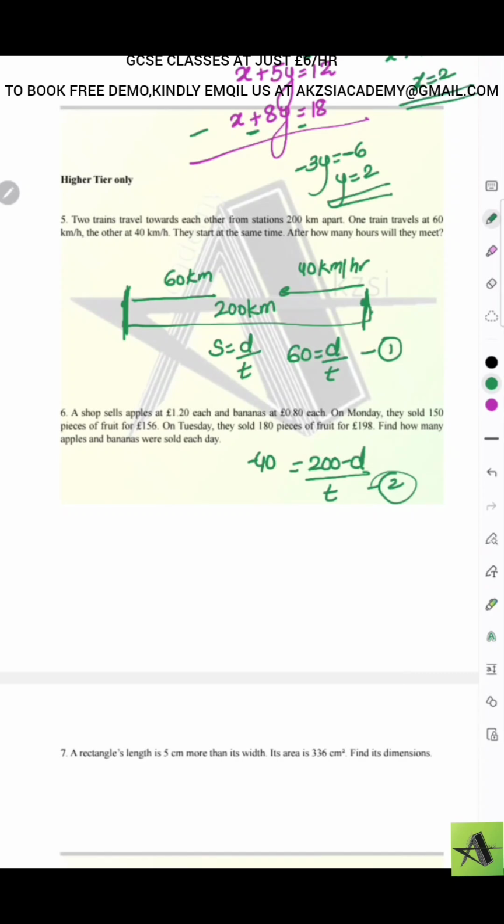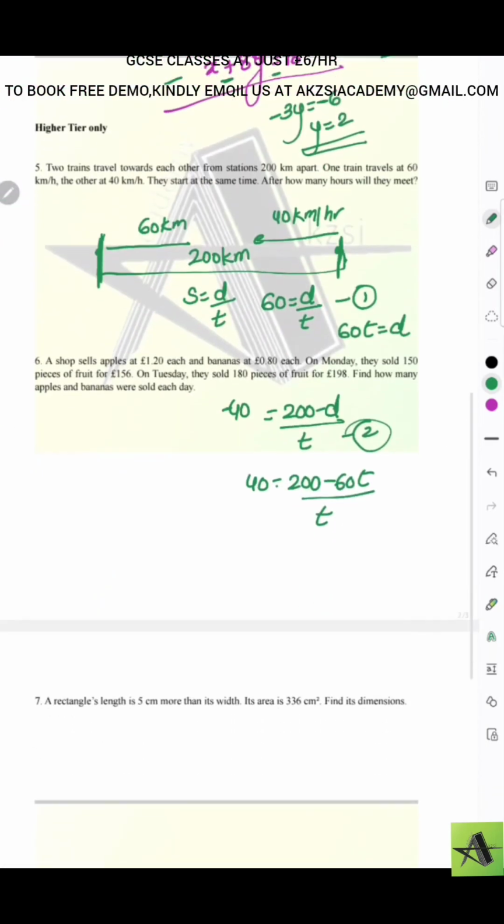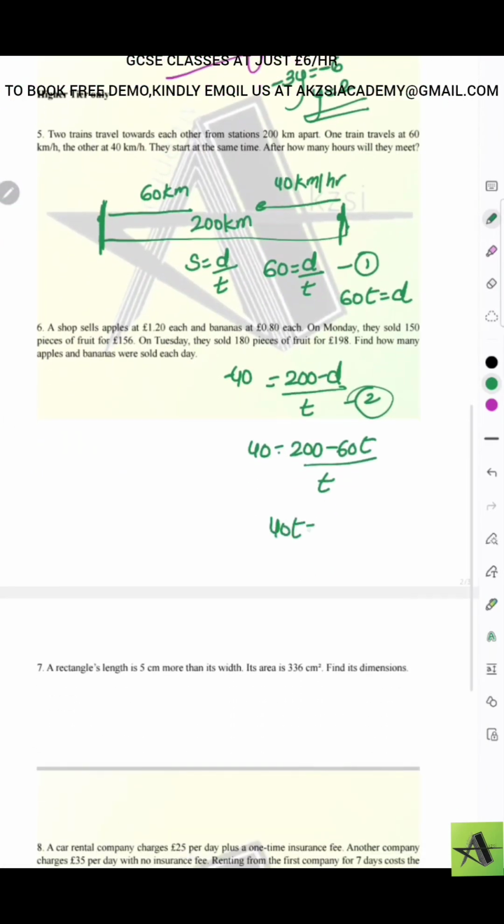Either we can divide them directly, or I can do 60 times t equals d and substitute d as 60t. So 40 equals (200 minus 60t) over t. Now cross multiply, I'll get 40t equals 200 minus 60t, and 100t equals 200. That will give me t as 2 hours. That means after 2 hours they'll meet.